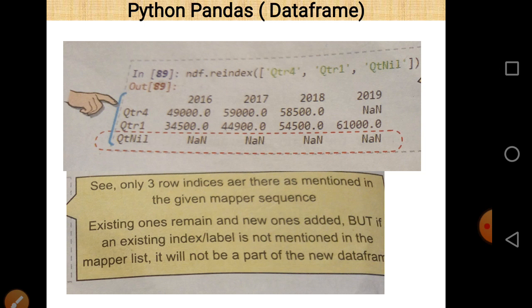But in this case we take only Q2R4 and Q2R1, we don't take index values Q2R2 and Q2R3, and we take an extra value, Q2 nil. Then values regarding only Q2R4 and Q2R1 will appear, and for Q2 nil there is not even a single value, because Q2 nil is not part of the original data frame.